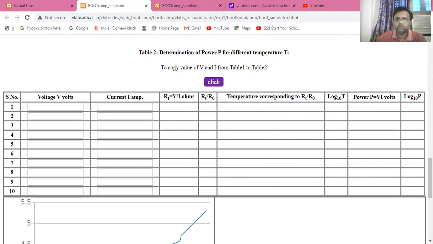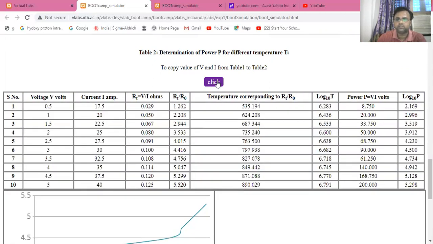So we have to copy the values of V and I from table 1 to table 2.